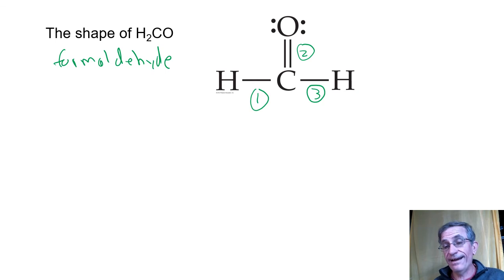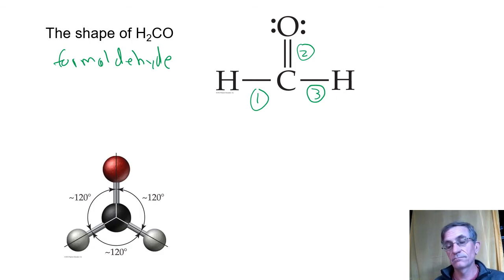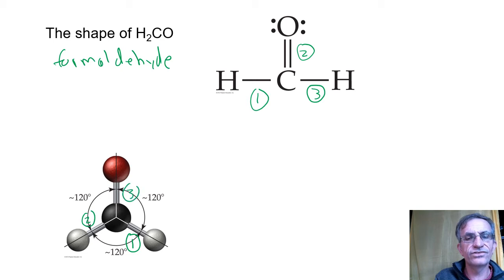If you have three areas trying to spread out, they look like that. The gray ones are my carbon. Those three areas with electrons are going to get away from each other and form a triangle.